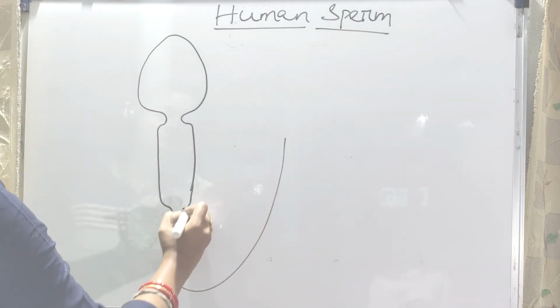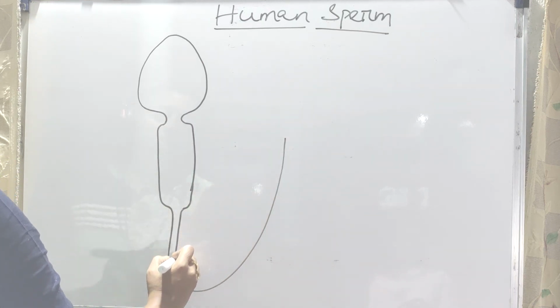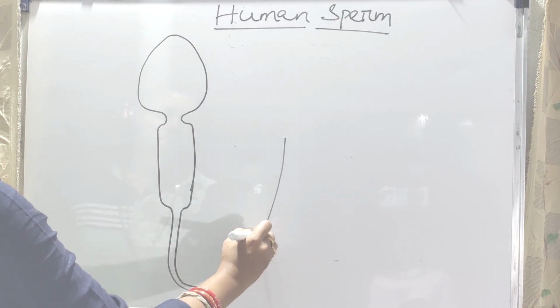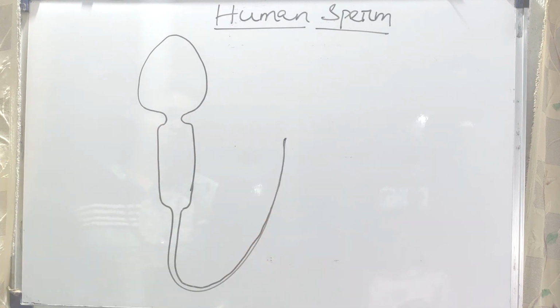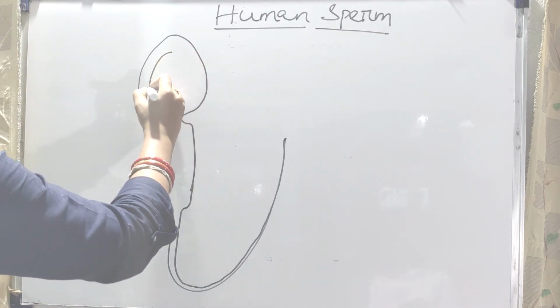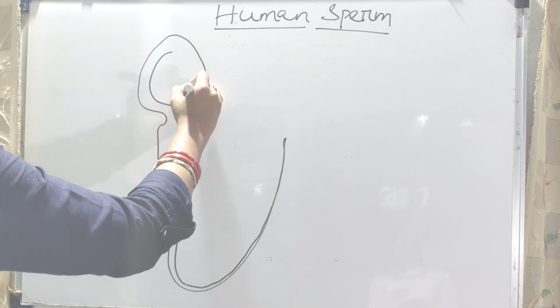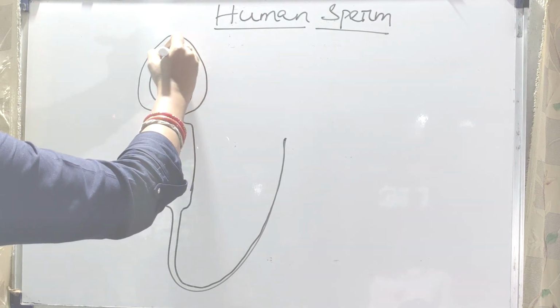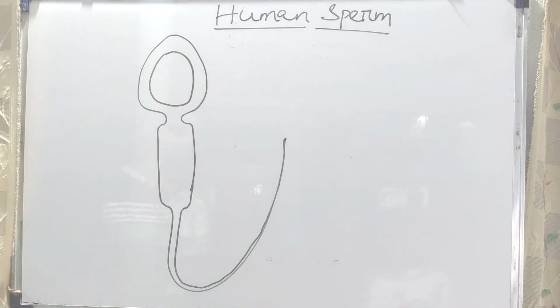Then the tail. The head contains a large nucleus. At the tip of the head, the acrosome is present.